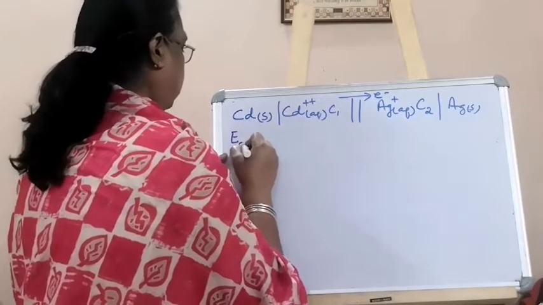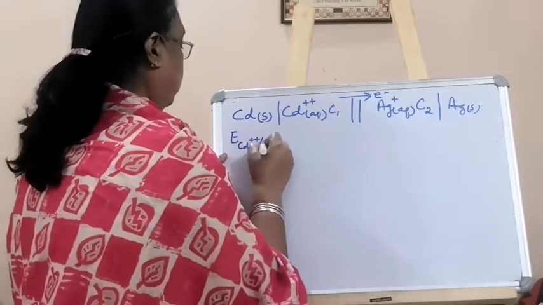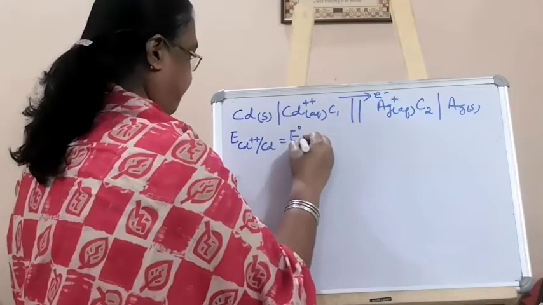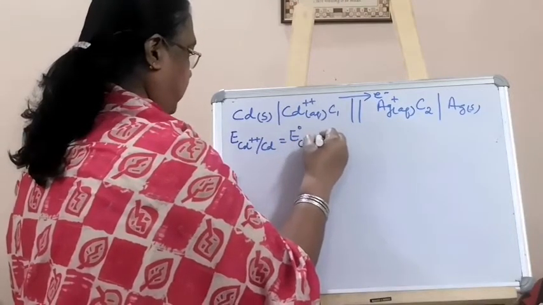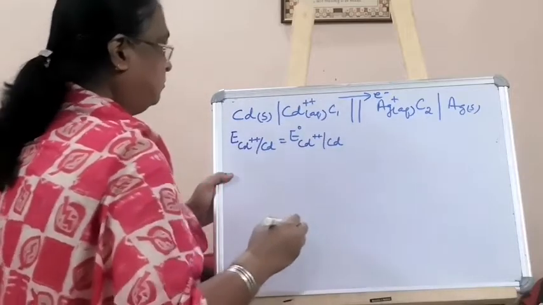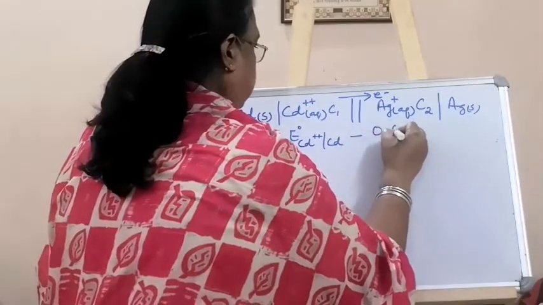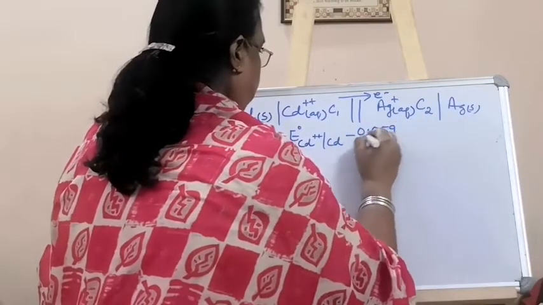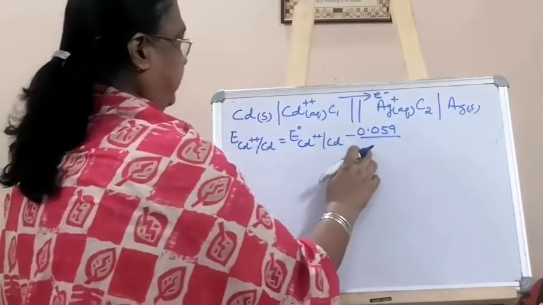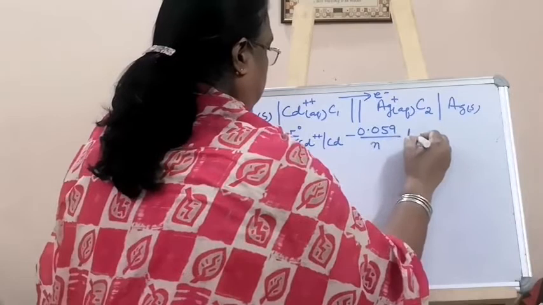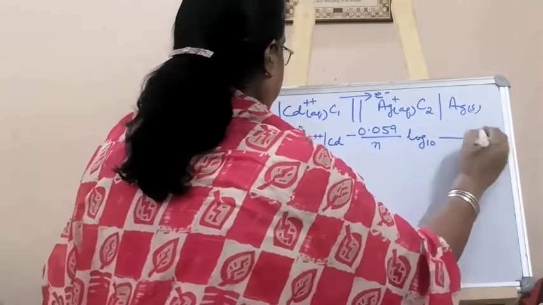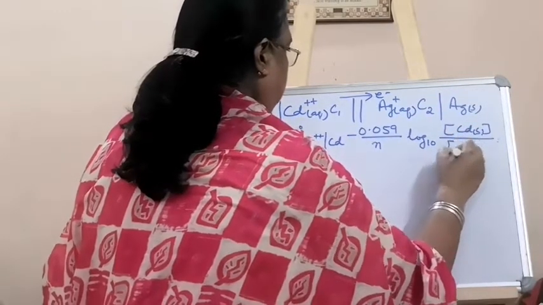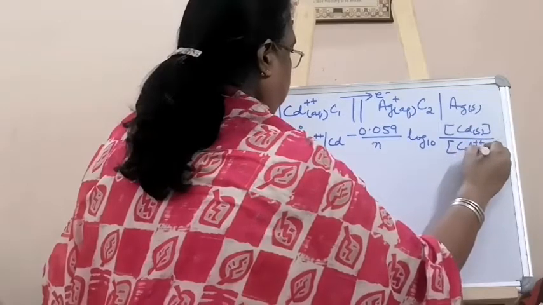E of cadmium ion over cadmium is equal to E0 of cadmium ion over cadmium minus 0.059 upon n, whose value I will tell you, log base 10, and since this is cadmium, cadmium solid upon cadmium ion aqueous.